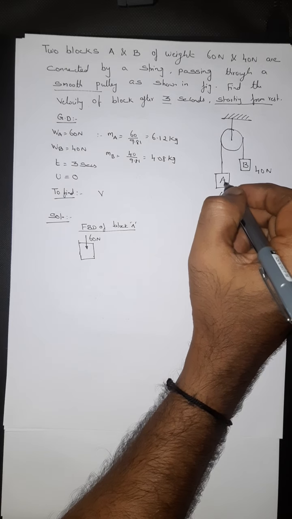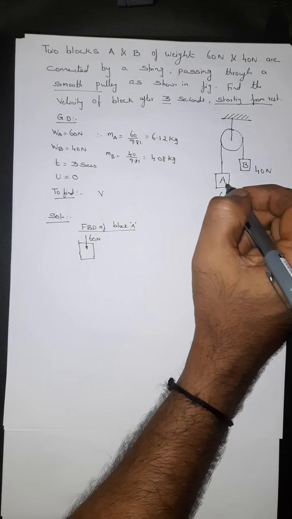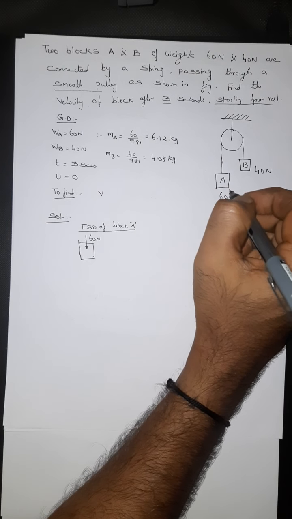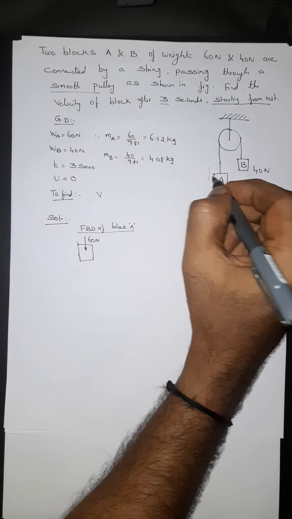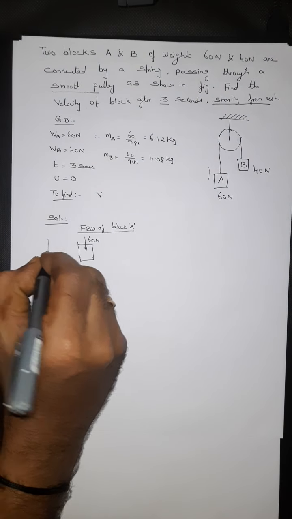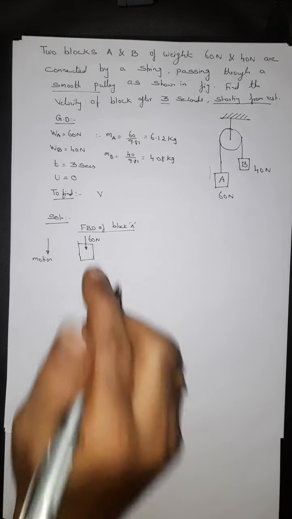Look at here, the weight of the block A is greater than the block B. Therefore, the block A tends to move in the downward direction. So, motion of block A would be vertically downwards.